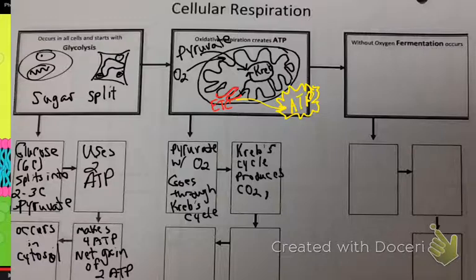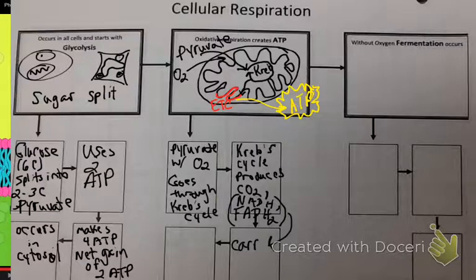Electrons. Now these electrons, they kind of hang out by themselves, right? So they got to have a carrier. And what was our carrier last time? NADPH. Okay, so the carriers here are a little different because this is a different place. So we actually use what's called NADH without the P. So NADH and FADH2.